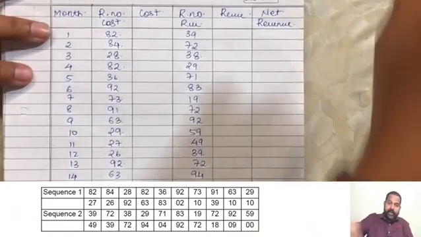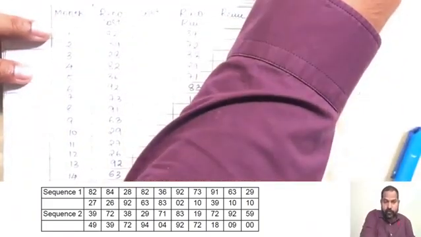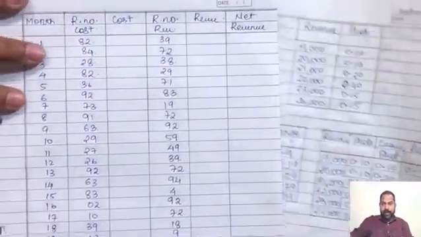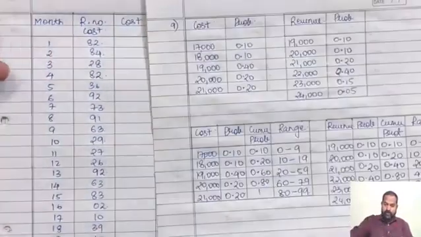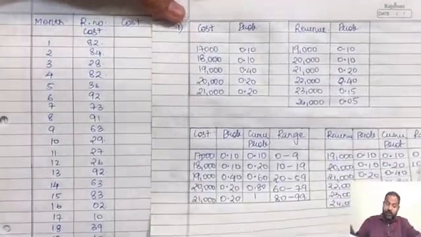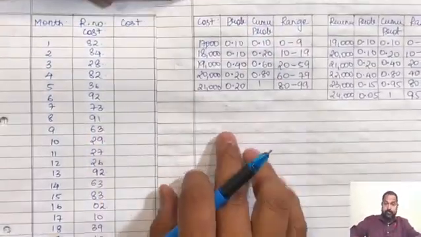Let's start the prediction. Let me get rid of the PDF, and what I'll do is I will keep the table parallel so that I have both in one place. We are going to start with the cost. Am I right?